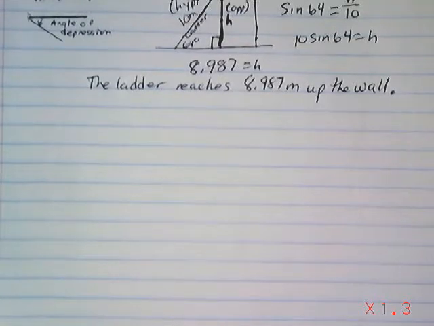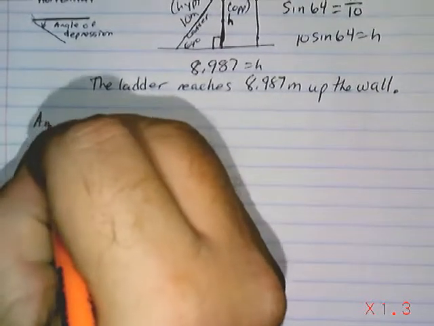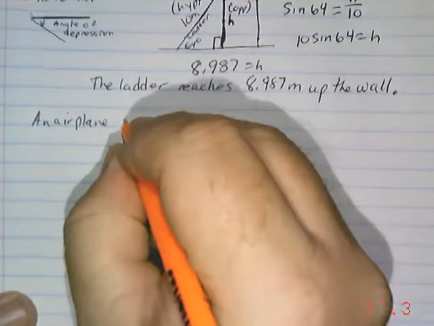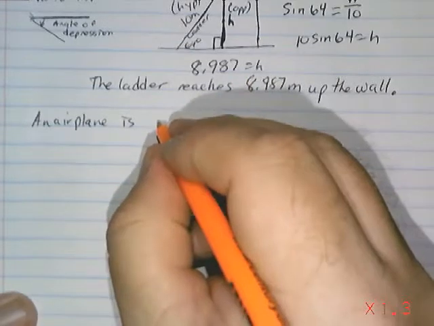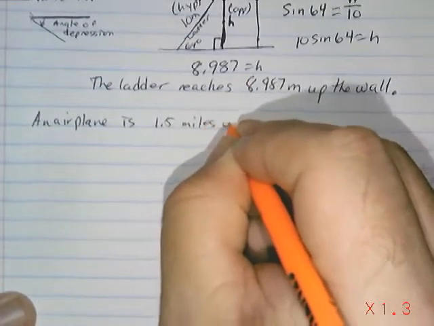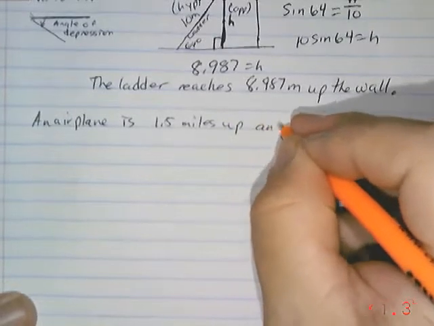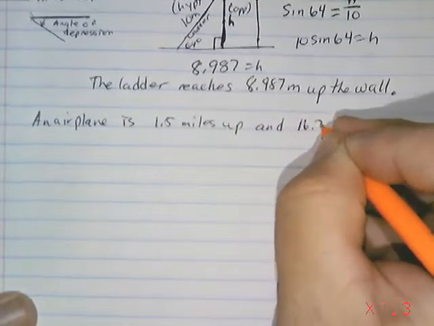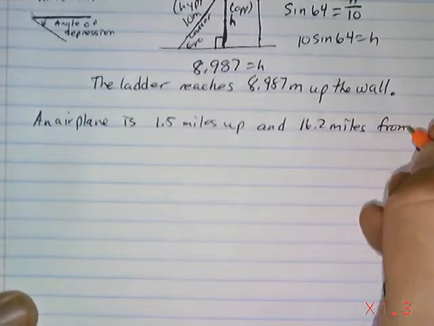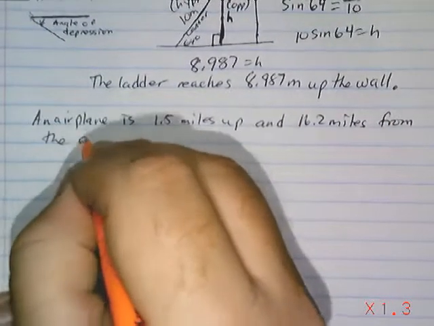So an angle of depression starts, as we go back here for a second, with a horizontal line and then goes down. So you need a horizontal line here. So imagine if the plane was flying this way, this would be the angle of depression. I say, wait a minute, that angle is not in my triangle. No, it's not. However, it is the same as one of the angles in the triangle. It's actually the same as this angle over here.